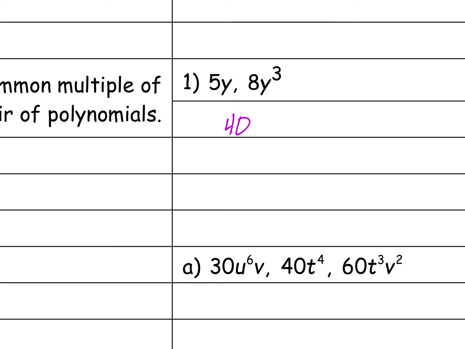So I have 1 y and I have 3 y's. What's the smallest number of y's that the y will go into? 3 y's. Y cubed. Right? So y cubed. They both have to go into it. So 40y cubed. And that's it. That's what we're doing. Okay?